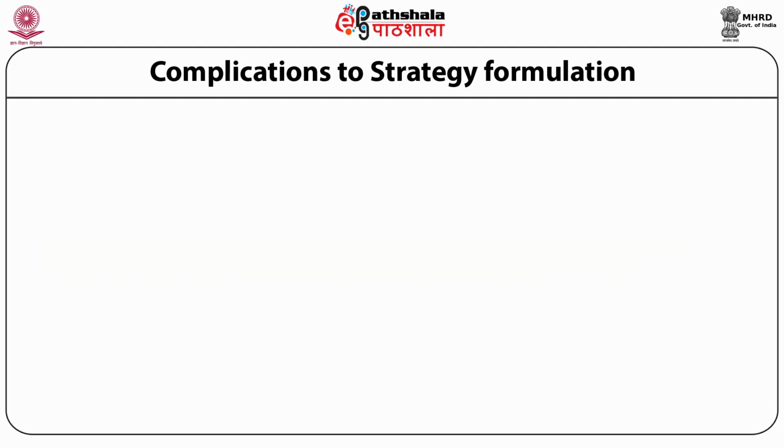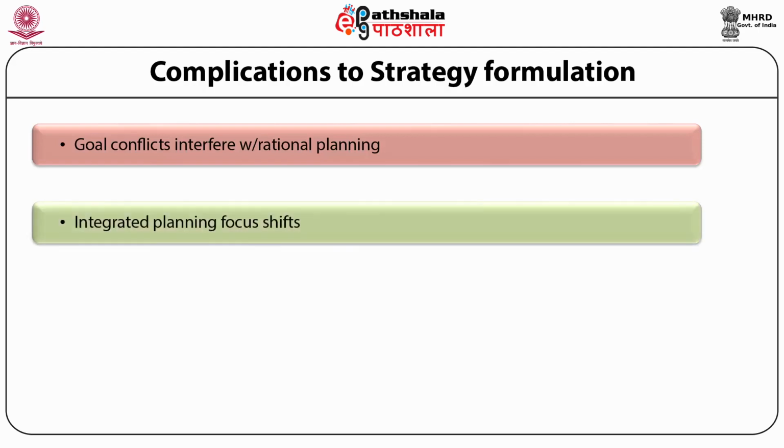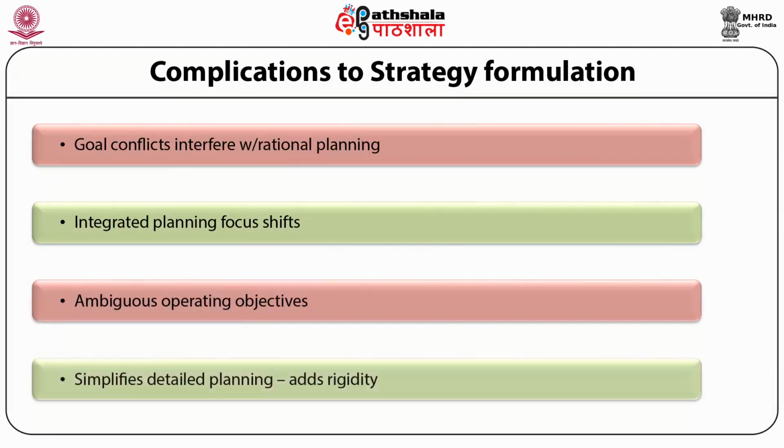There could be complications in terms of formulating strategy for NGO, including goal conflict versus rational planning, integrating planning focus and its shifts, ambiguous operation objectives, or simplifying detailed planning, which adds to rigidity.